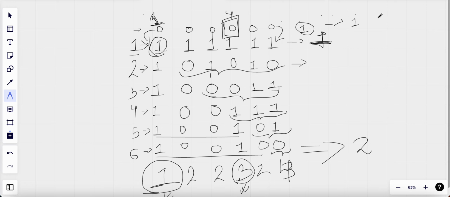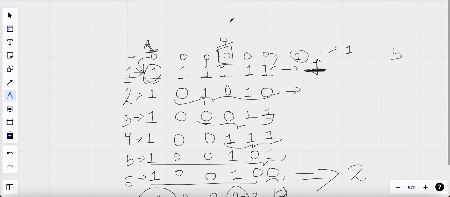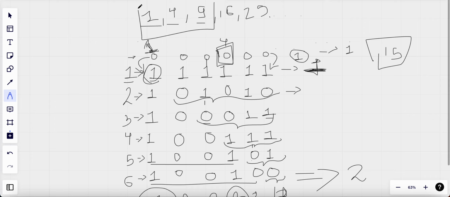So if there were 15 bulbs, then all the bulbs which are perfect squares. So what are perfect squares? 1 is a perfect square, 4 is a perfect square, 9 is a perfect square, and 16 is a perfect square, 25 is a perfect square, and so on. So if we had 15 bulbs, then bulbs number 1, 4 and 9 would be turned on at the end. So that means there will be 3 bulbs turned on.